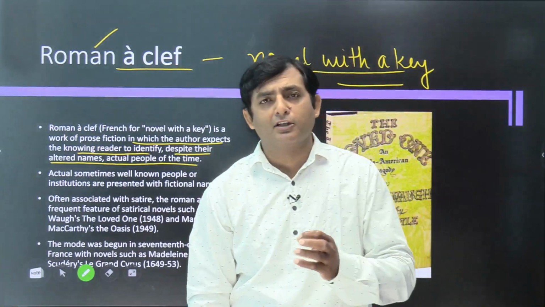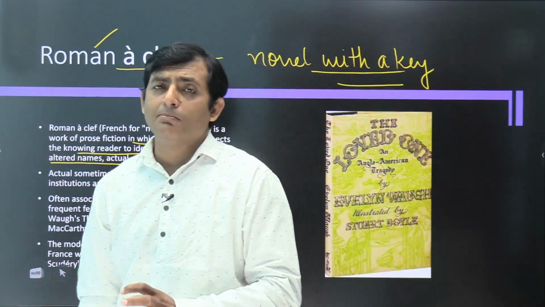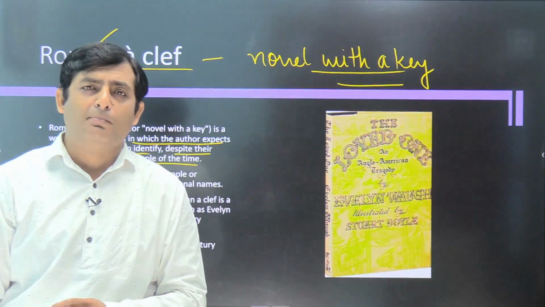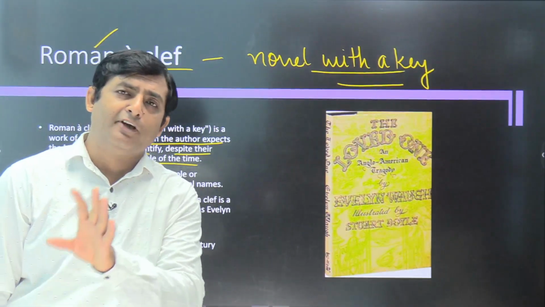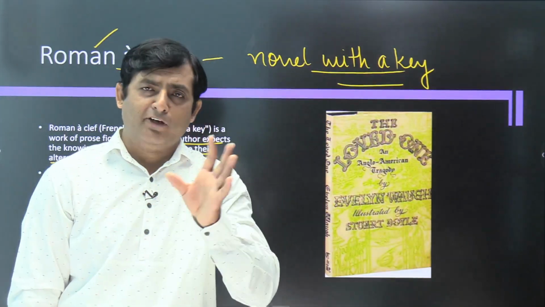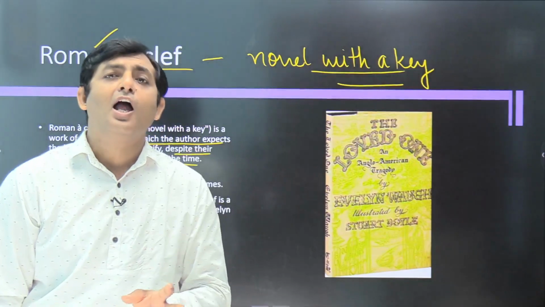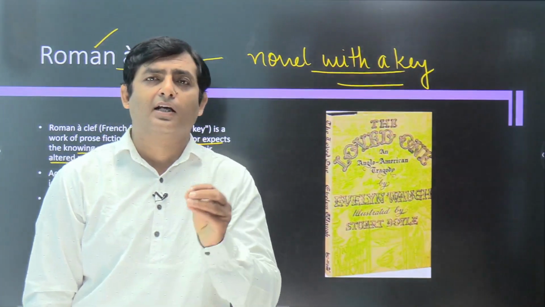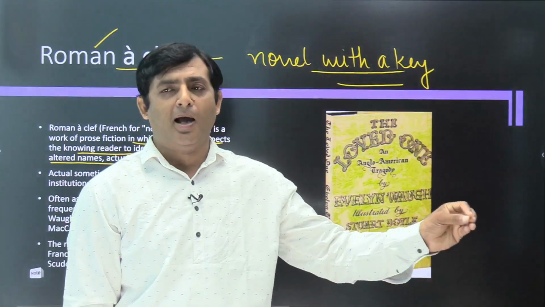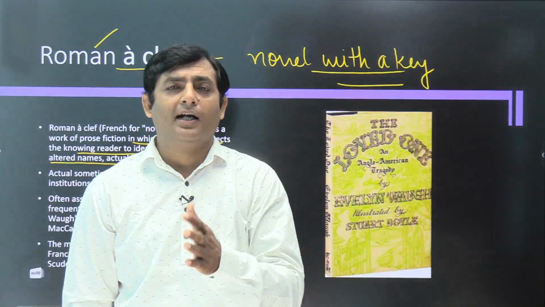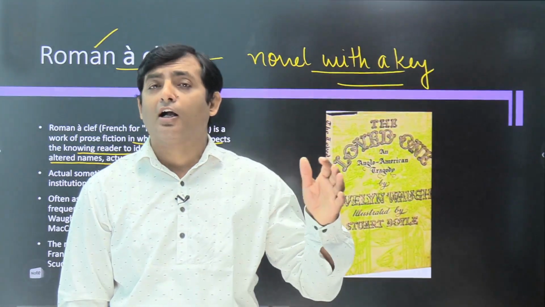Roman à clef is the story of some real person, but the names of the real persons have been fictionalized by the novelist, and the reader can identify that this character represents this real man, that character represents that real man. That is Roman à clef.